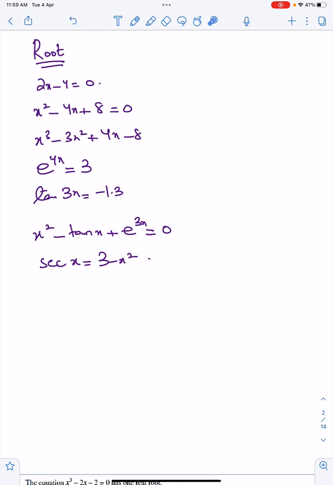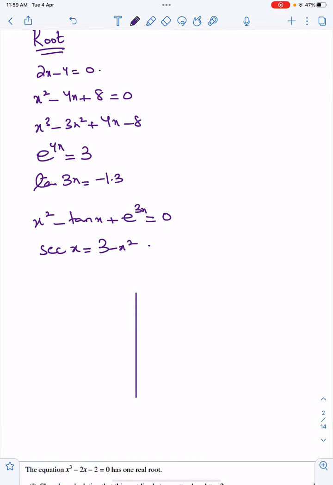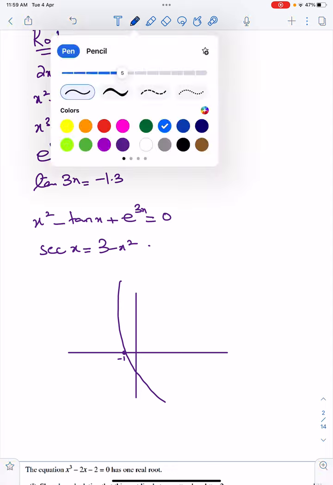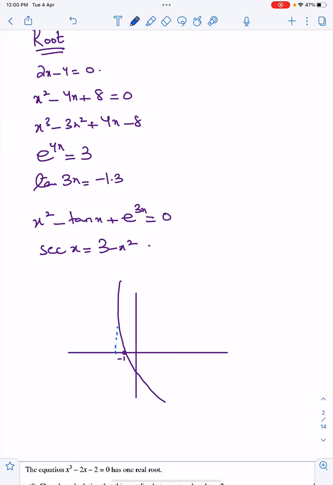One more thing I want to explain is that, for instance, if I ask you to find the root of a quadratic equation, assume this is the graph of the quadratic equation, and the graph is touching the x-axis at negative 1. If you take any value of x below this value, for instance x equal to negative 2, you will get a positive answer, and if you take x to be 0, you will get a negative answer.